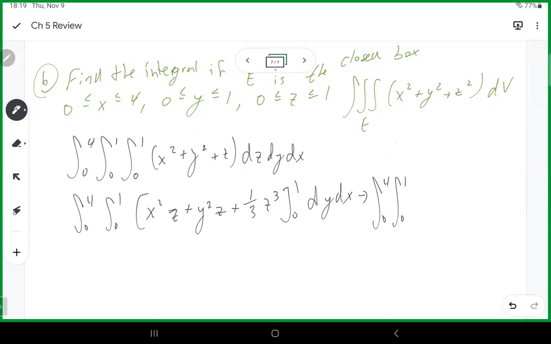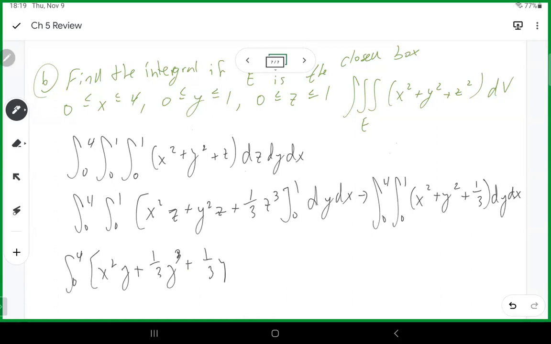It's going to be x squared plus y squared plus 1/3 dy dx, 0 to 4, x squared y plus 1/3 y cubed plus 1/3 y, 0 to 1, dx.